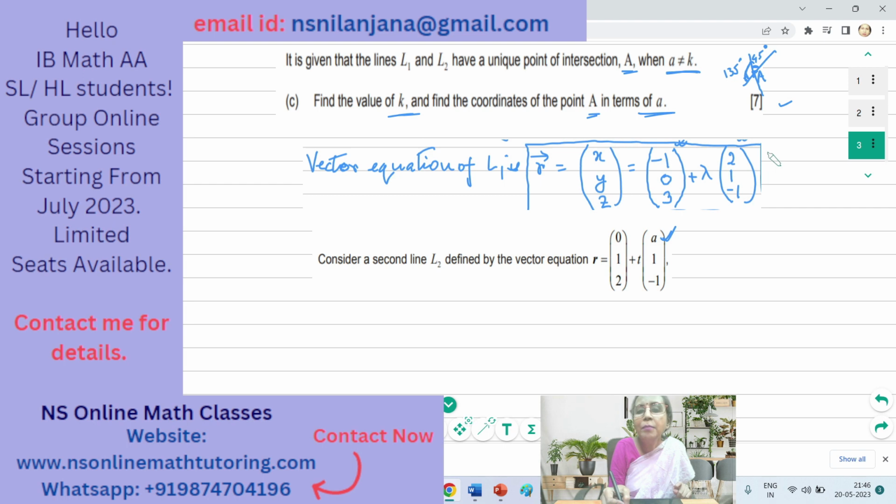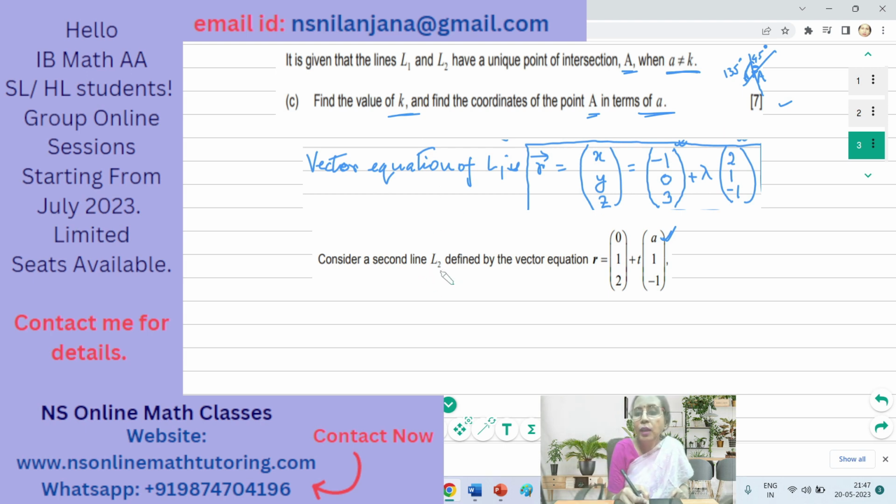It contains 7 marks. Okay. In terms of a, because we should not be taking the previous values that we have found for a. a can have completely a different value.